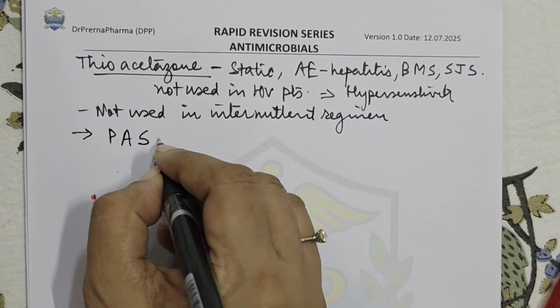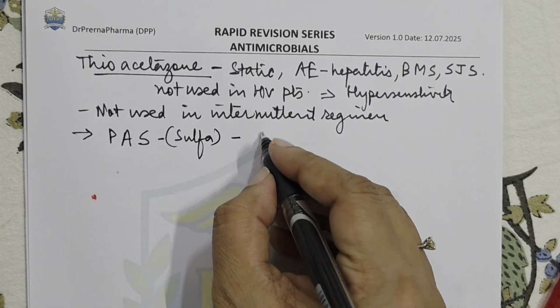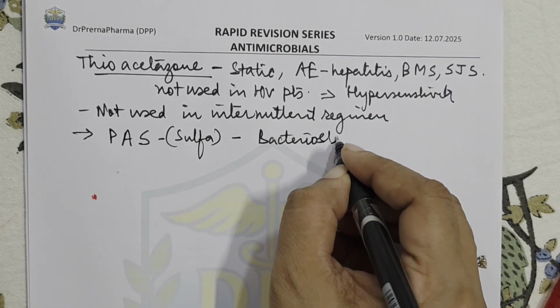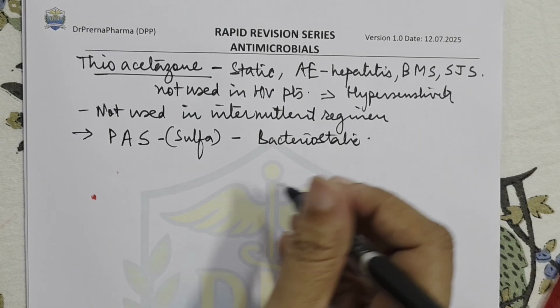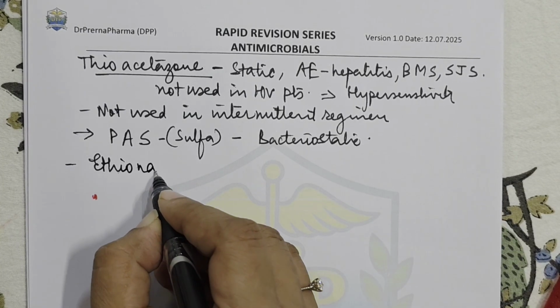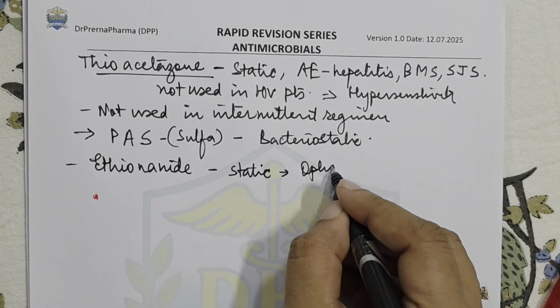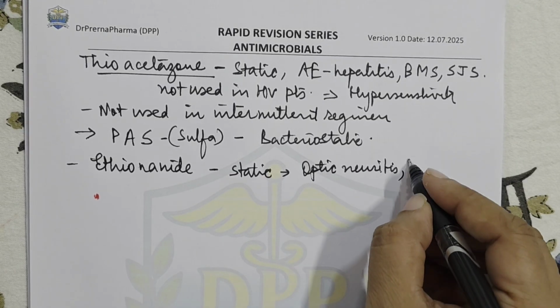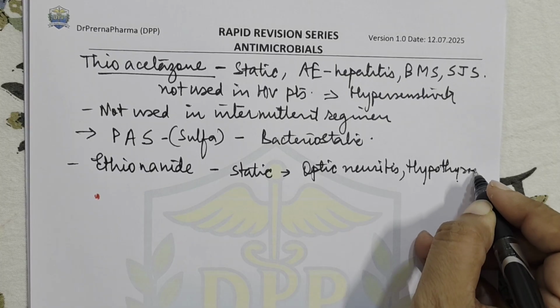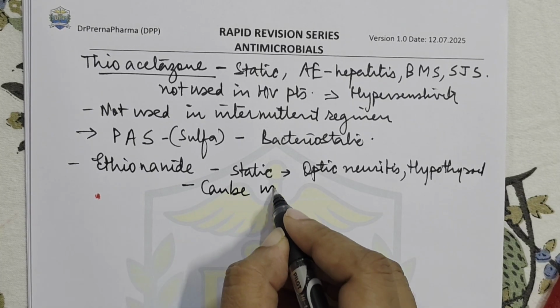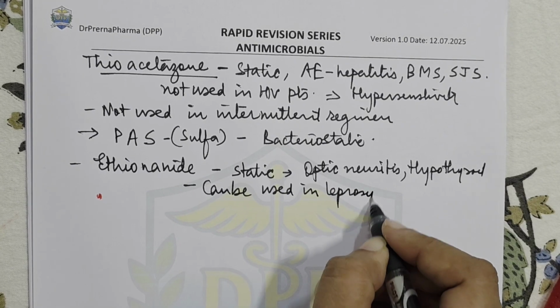Then there is a substance PAS. It is similar to sulfonamides and it is basically bacteriostatic, right? Then after PAS another drug comes, ethionamide. Ethionamide is also a static drug and it can result in optic neuritis and hypothyroidism. This ethionamide can be used in leprosy also, right?